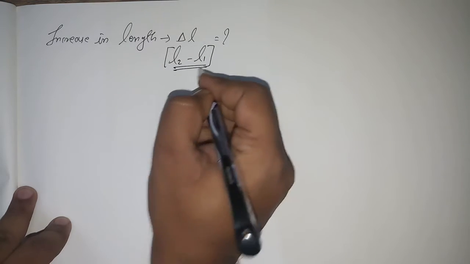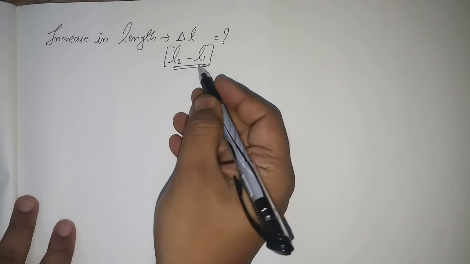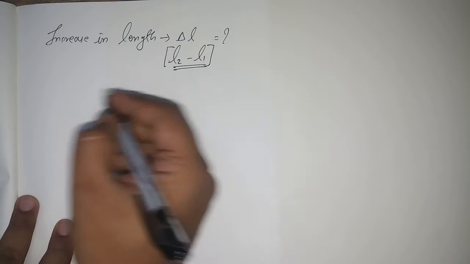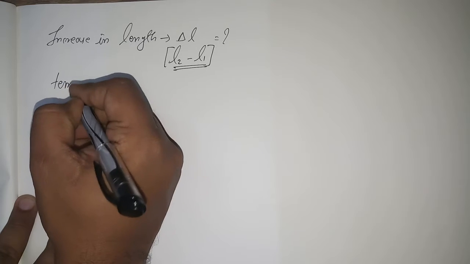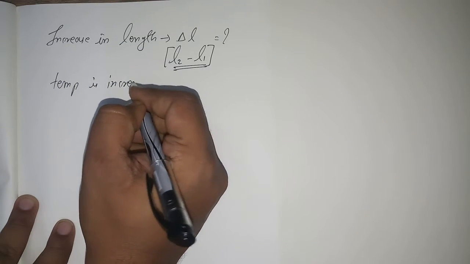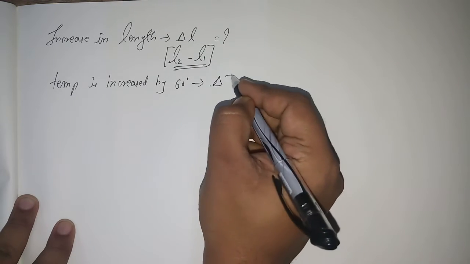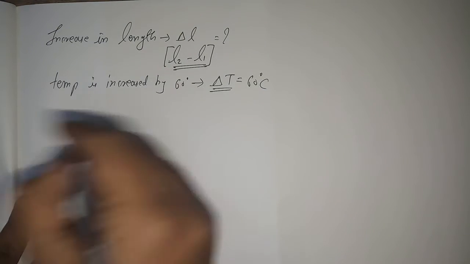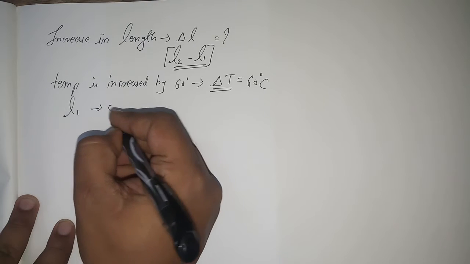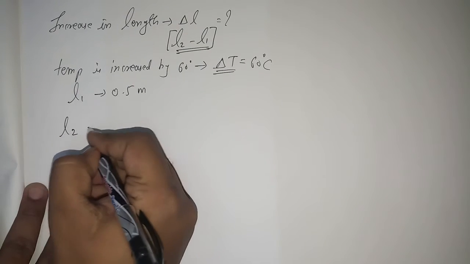Understand, whenever they say increase in length or difference in length, it means L2 minus L1. Now the temperature is increased by 60 degrees Celsius, which means they are directly giving us delta T, 60 degrees. The initial length of the rod was, suppose, 0.5 meter. So now use the formula L2 minus L1.